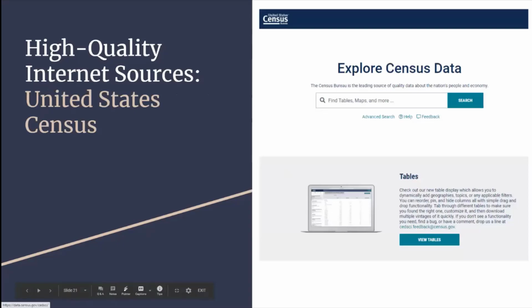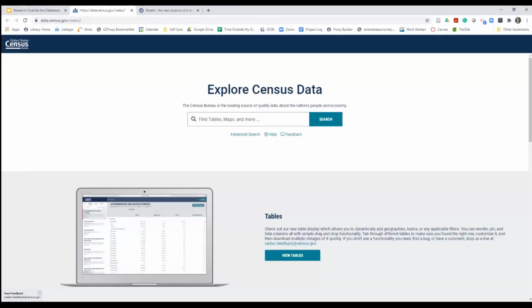But a first good source for you to know about is, well, we just opened it for real. This is the United States Census Bureau. And you can find all of the information from different censuses in here. So that's a lot of demographic information about the United States broken down into very small groups.